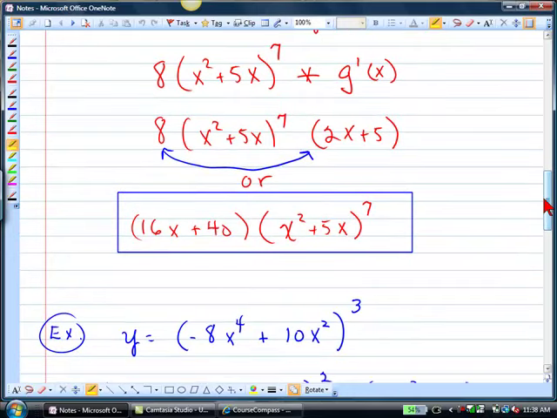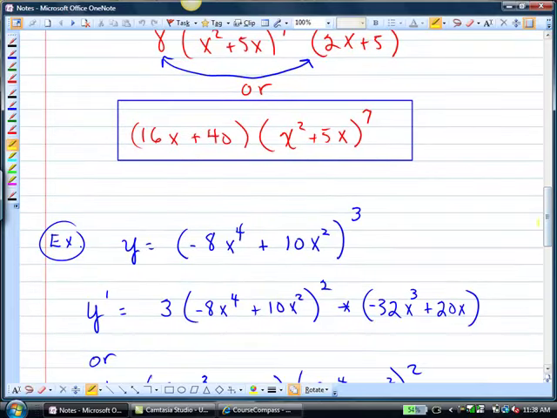Let's try this one. Negative 8x to the 4th plus 10x squared, to the 3rd power. So it's like something to the 3rd. So it would be 3 times this thing to the 2nd times, and we're going to take the derivative of what's inside.